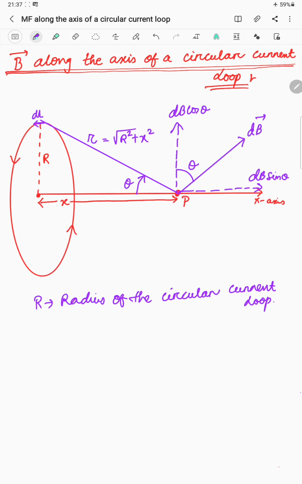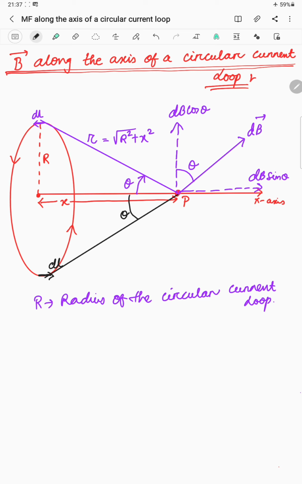Now we will consider another component. Exactly opposite to dl, there will be another current carrying element, this will be your dl. Now this dl we can join to point P, which will again be 90 degrees, and this will subtend an angle theta.